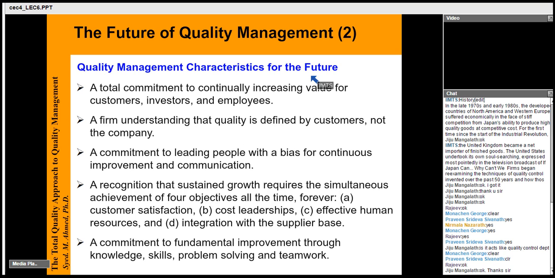Then quality management characteristics for the future: a total commitment to continually increasing value for customers, investors, and employees; a firm understanding that quality is defined by customers, not the company; a commitment to leading people with a bias for continuous improvement and communication; a recognition that sustained growth requires the simultaneous achievement of 4 objectives all the time, forever: customer satisfaction, cost leadership, effective human resources, and integration with the supplier base.